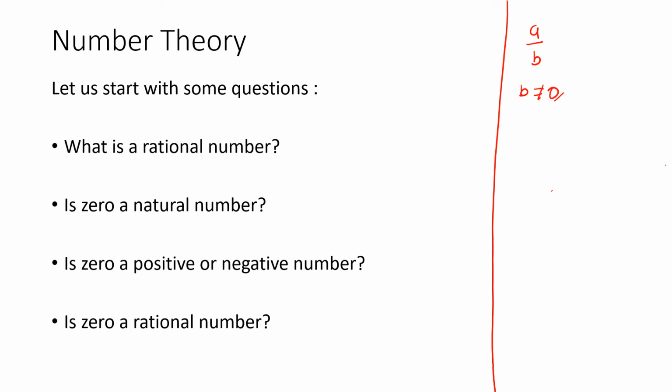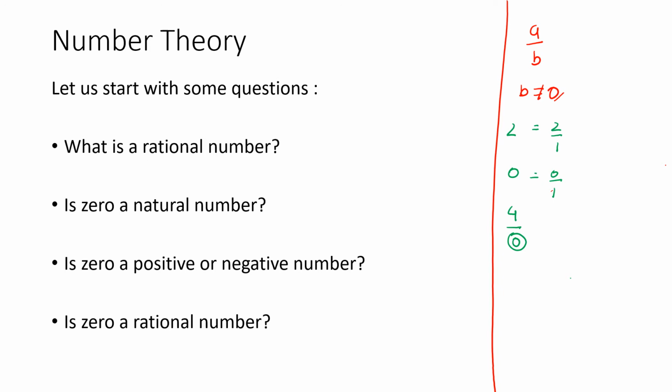For instance, if I take the number 2, we can write 2 as 2 over 1, so yes, it's a rational number. 0, well, we can write it as 0 over 1, so once again, it's a rational number. But if I take 4 over 0, is that a rational number? No, because we have 0 in our denominator, but b cannot be equal to 0, and so it's not a rational number.